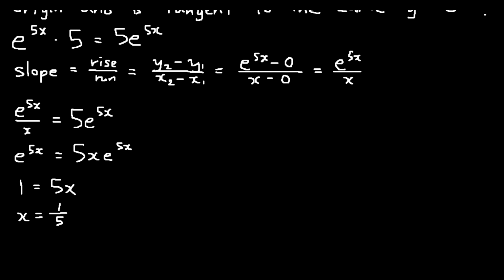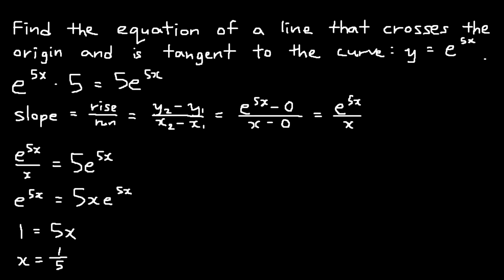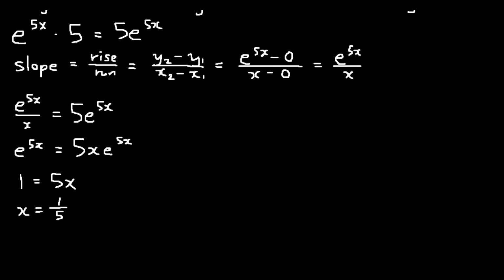Now substitute that x value back in the original derivative equation. So the derivative is 5e to the power of 5 times 1 over 5. That is just going to be 5e. So that's the ultimate value of the slope.